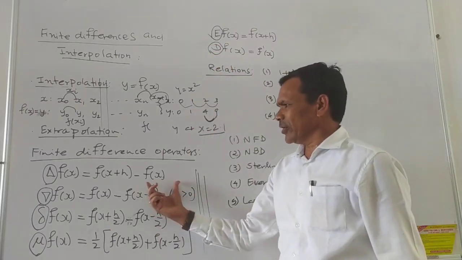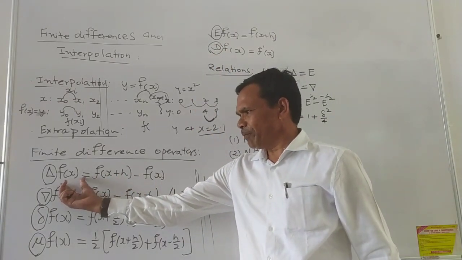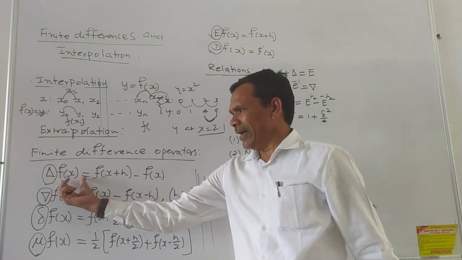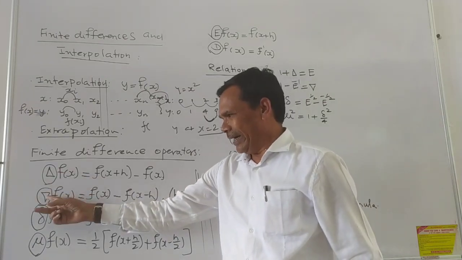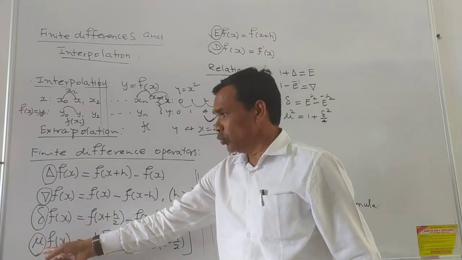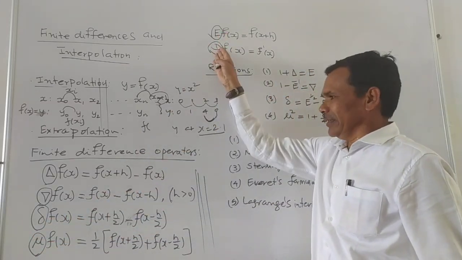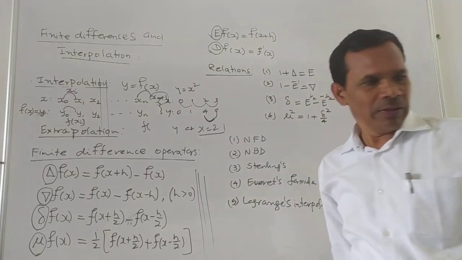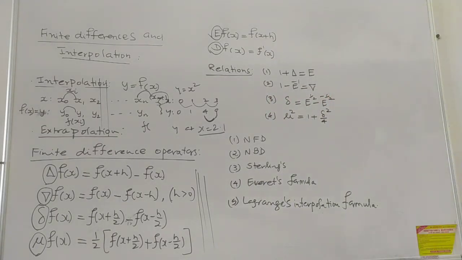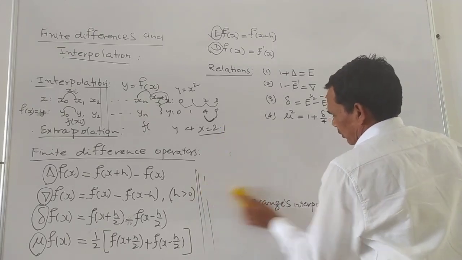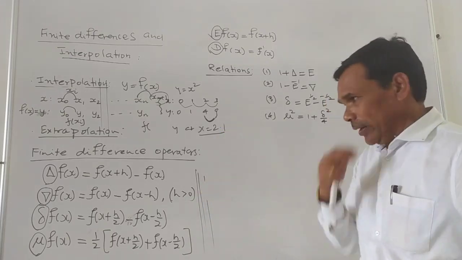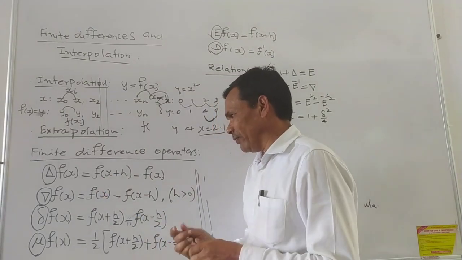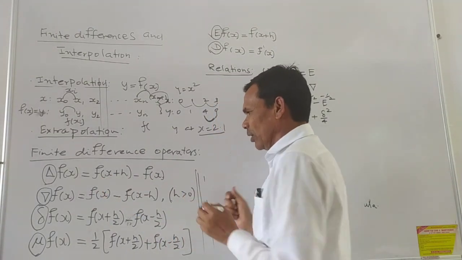Now see the definition. If you take some function f of x, it is defined as delta f of x. This is delta, del, small delta, mu, then E, then D. It is something like this. Now, observe the first one, the forward difference operator: delta f(x) = f(x + h) - f(x), where h is greater than 0.